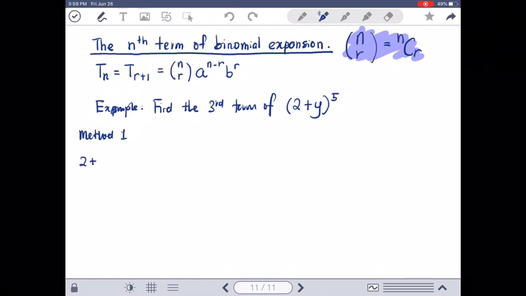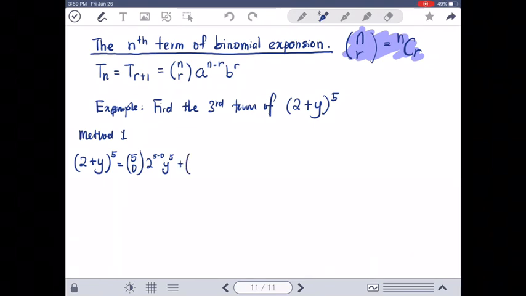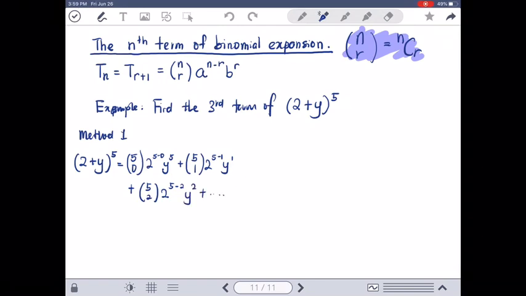So we should have (2 + y)^5 is just equals to 5C0 2 to the power of 5 minus 0, y to the power of 0, plus 5C1 2 to the power of 5 minus 1, y to the power of 1, plus 5C2 2 to the power of 5 minus 2, y to the power of 2, plus so on.